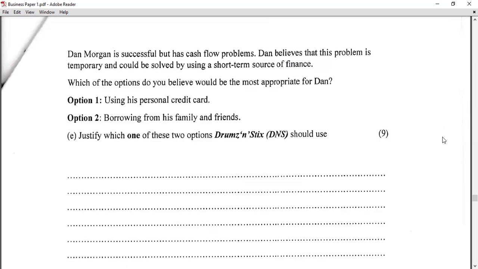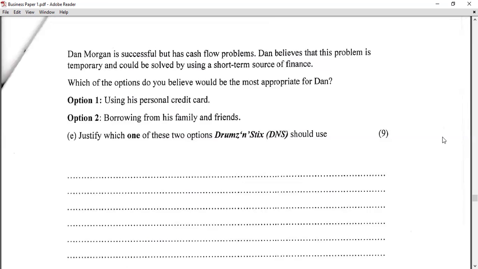But if he is unable to settle the credit card bill in the given time period, that means definitely he will be making huge trouble. He's making the cash flow problem more serious because the credit card company charges high interest. Then the problem will be more severe.